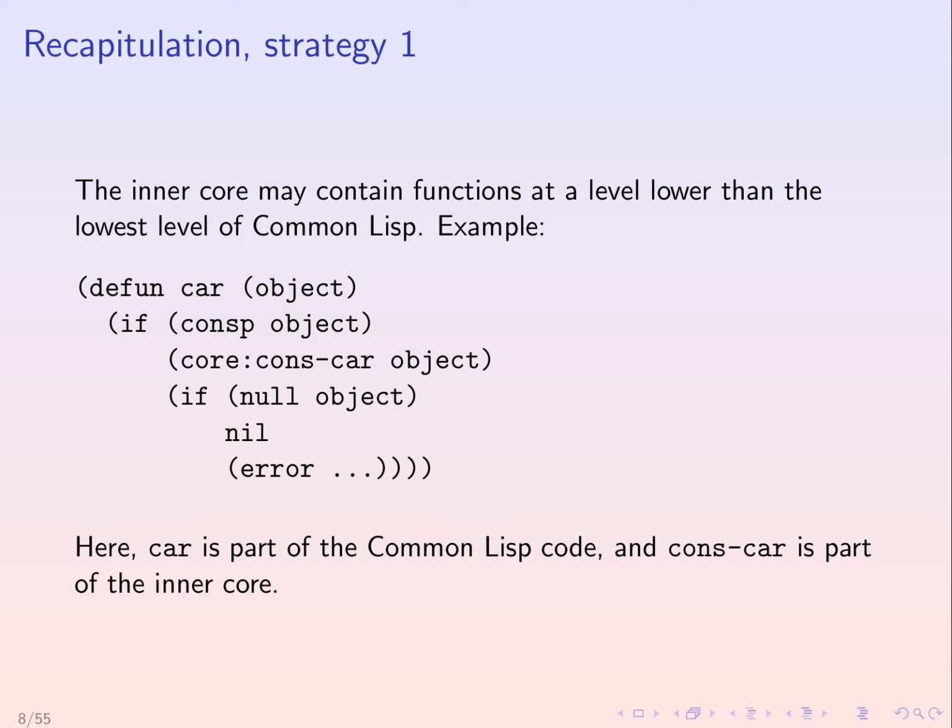So we can in fact write the car function in Common Lisp this way, using some function that we invent, say, core conscar, which assumes that it's given a cons cell. This way, the conscar function is part of the inner core, whereas the car function is not part of the core at all. It's part of the additional Common Lisp modules.